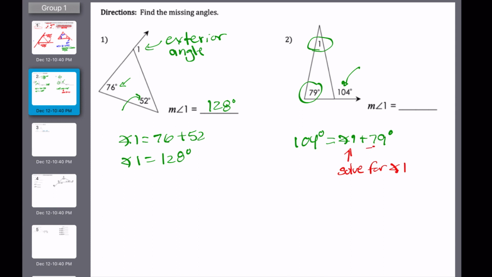So we're going to subtract 79 degrees from both sides. And we get that angle 1 is 25 degrees.